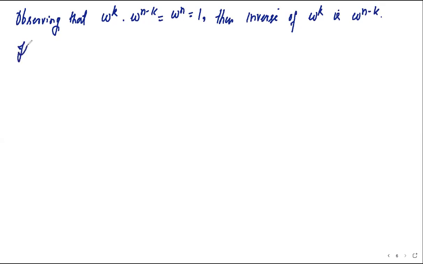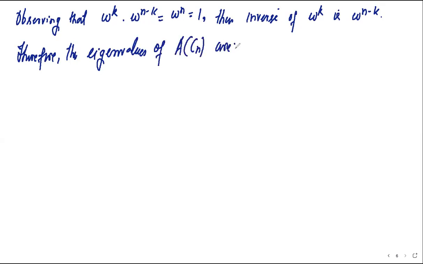So therefore, the eigenvalues of the adjacency matrix of Cn are omega power k plus omega power n minus k, where k runs from 1 up to n.